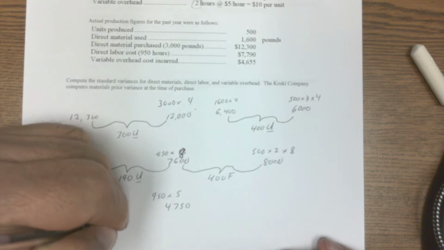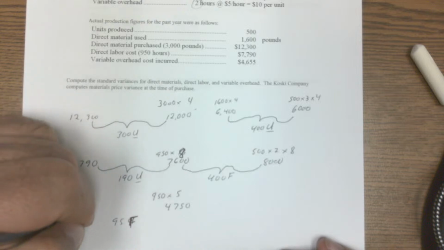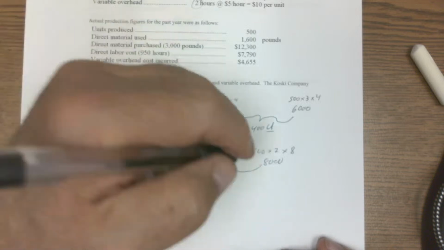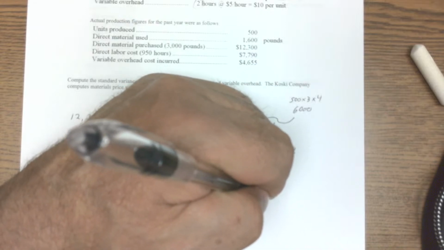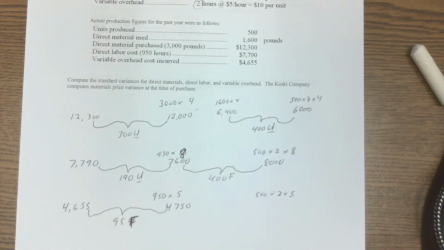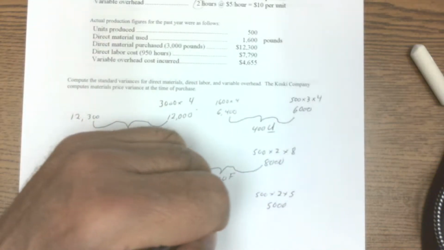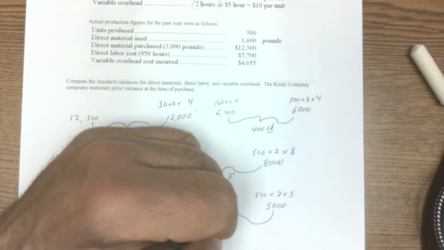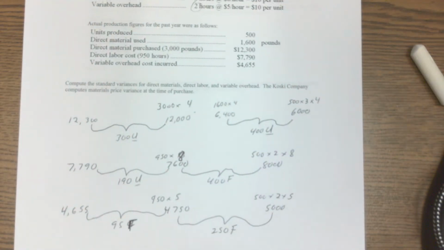So we have 95 favorable here. And then the standard is 500 times 2 times 5 would be 5,000. So we have 250 favorable there. Okay.